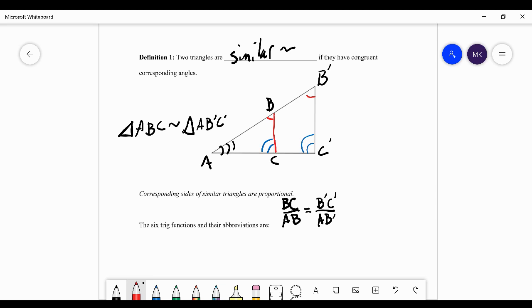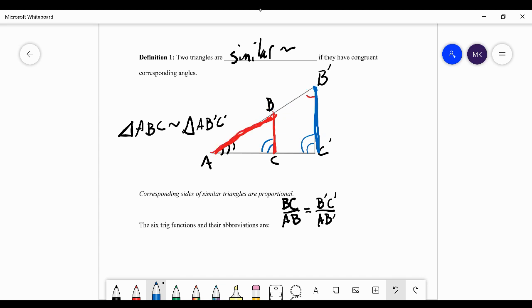We're dividing that by side AB. So the length of this side here divided by the length of this side here is equivalent to the length of this side here divided by the length of this side here. So that ratio is the same, and that's true for any ratio of sides you create.